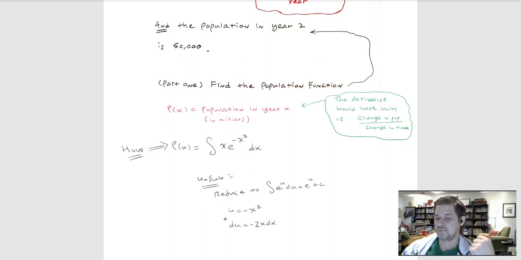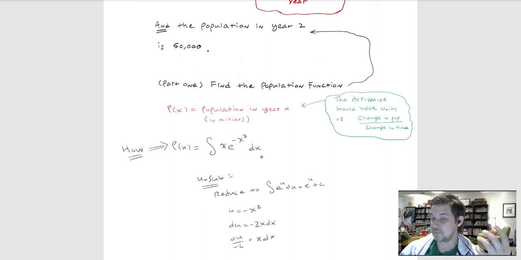So often we have to rearrange the numbers a little bit to make everything fit. If I take this equation and divide by negative 2, it tells me du over negative 2 is x dx. And now notice that everything fits.